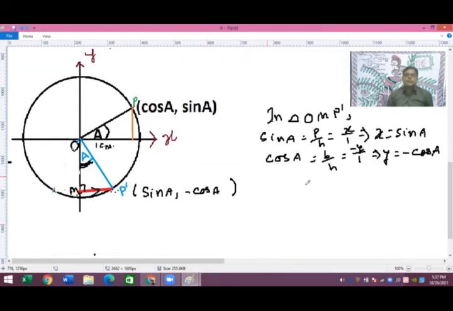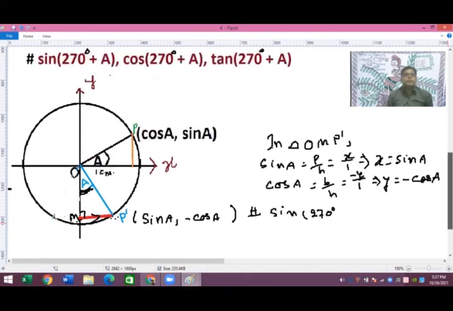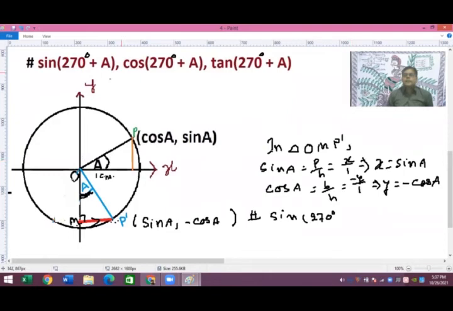Let's talk about sine 270 degrees plus A. When it was angle A, the y coordinate was sine A, and when it is now 270 degrees plus A, this sine became negative cos A, that is minus cos A.